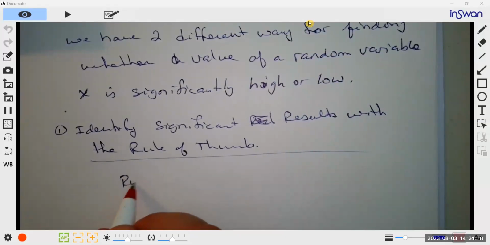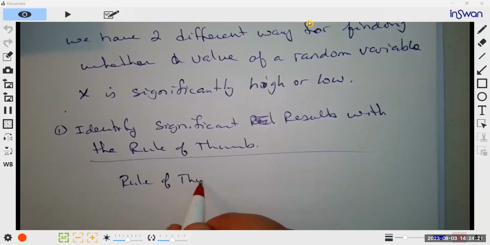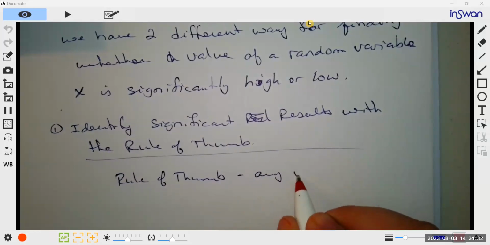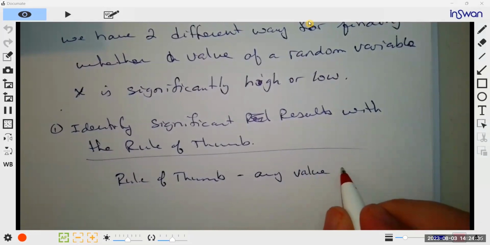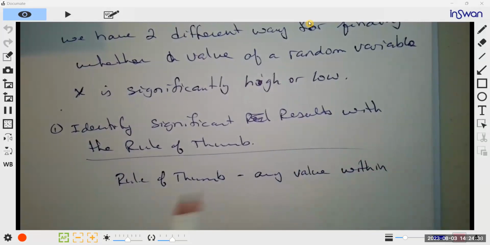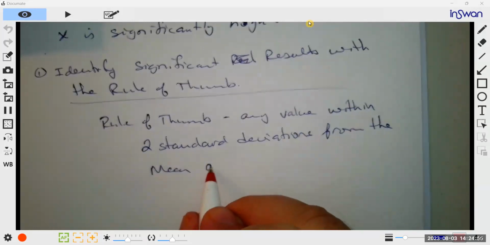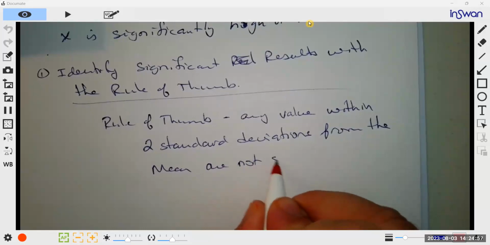So remember, the rule of thumb says that any value within 2 standard deviations from the mean are not significant.